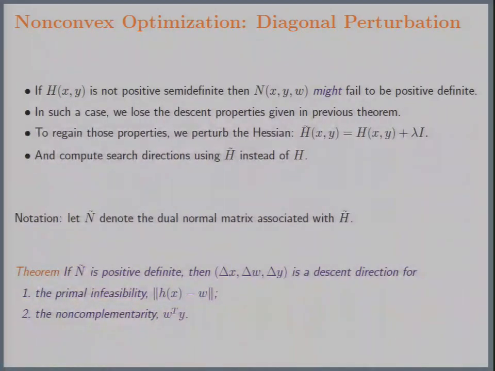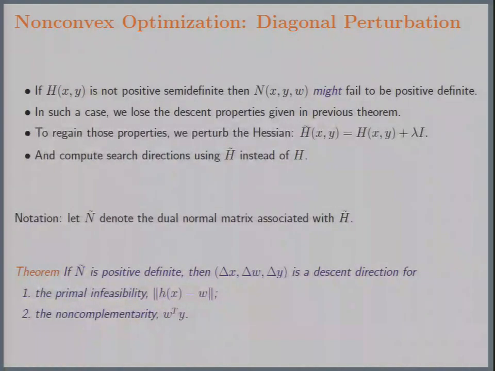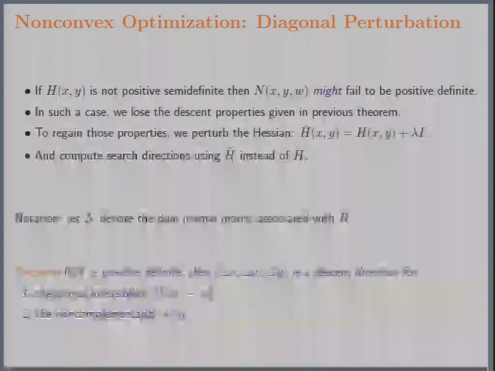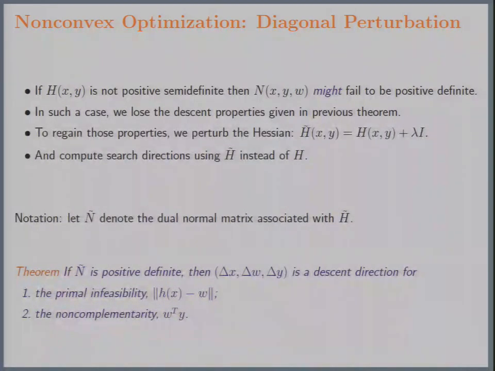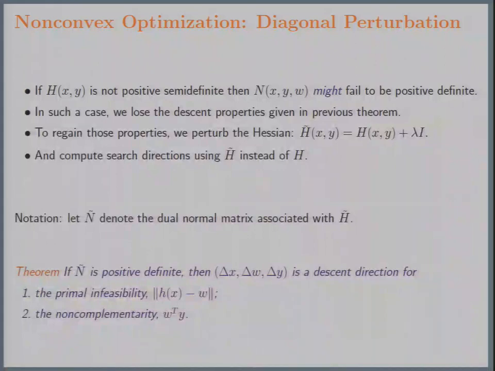If that Hessian matrix is not positive semi-definite, that's basically the definition of being non-convex, because this H matrix was the Hessian of the objective function minus the sum of yi times the Hessian of each of the constraint functions. And so, if the problem is non-convex, then one of those things is not positive semi-definite, and so this might fail.